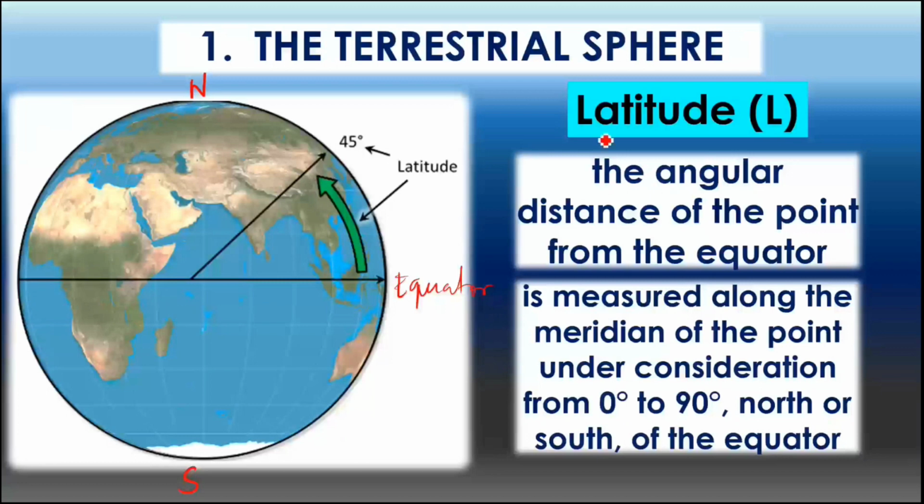So how would we know what the latitude is? It is said in the definition that it is the angular distance of the point.